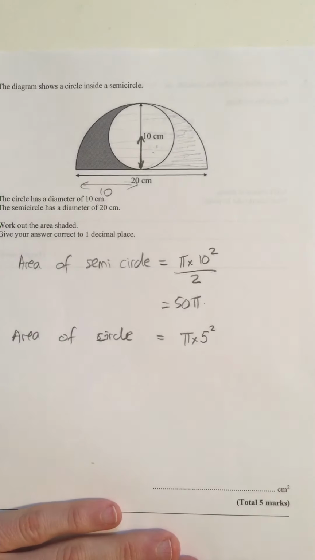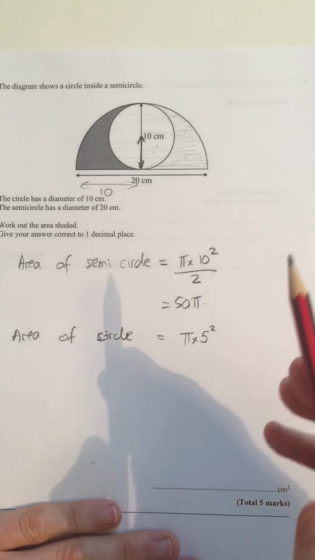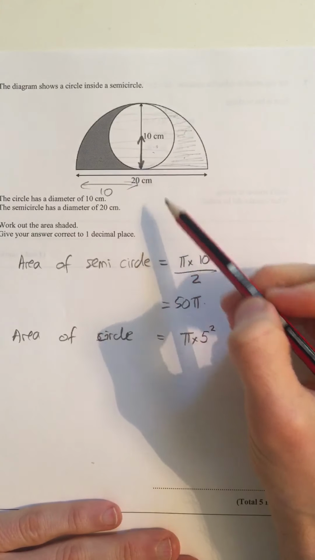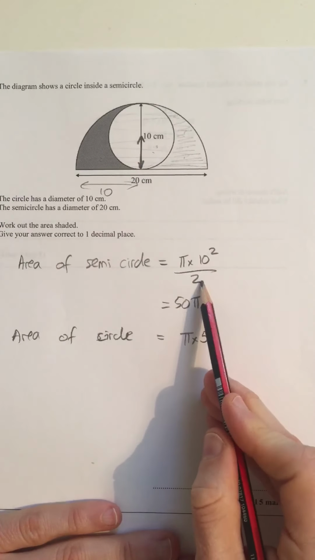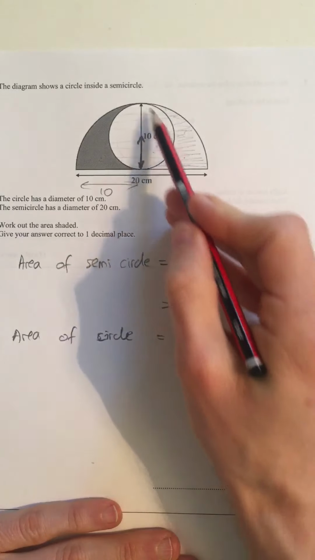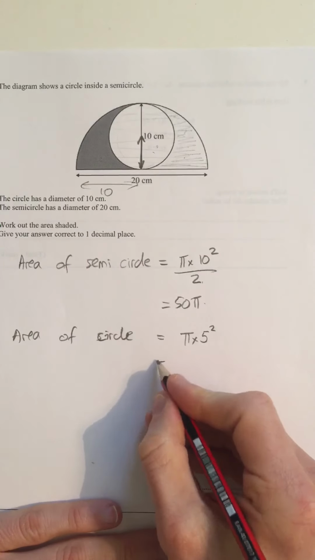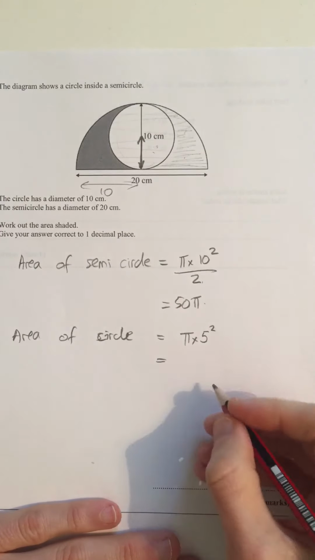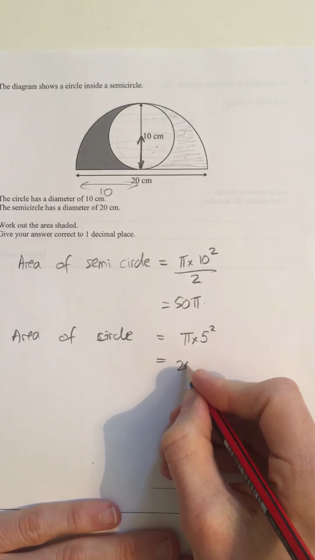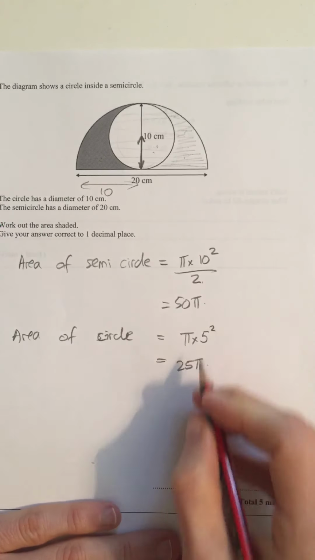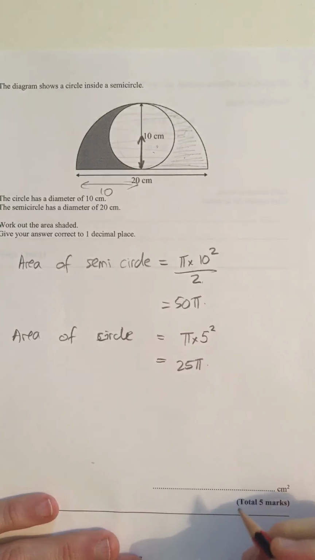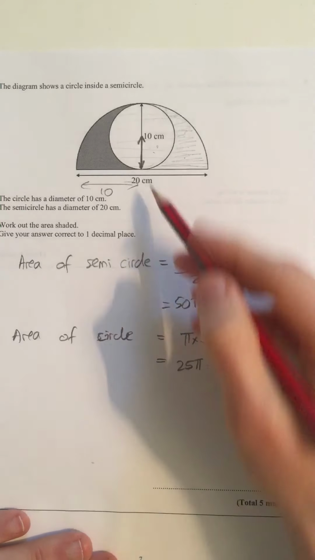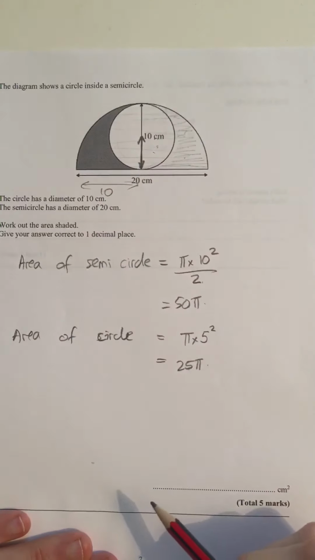So pi times 5 squared. Notice that in this case we're not going to divide by 2 because it is the whole circle I want here. And again, you can use your calculator for this, but it's going to be 25 pi, as 5 squared is 25. Okay, so that is the area of the little circle on the inside here.